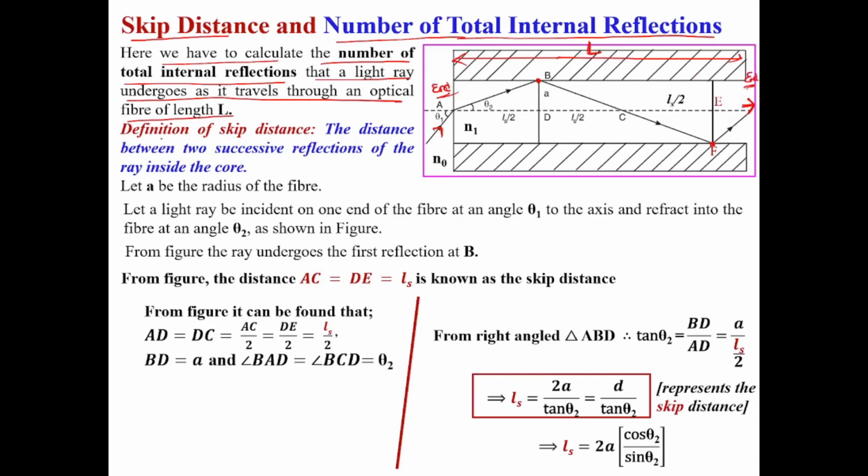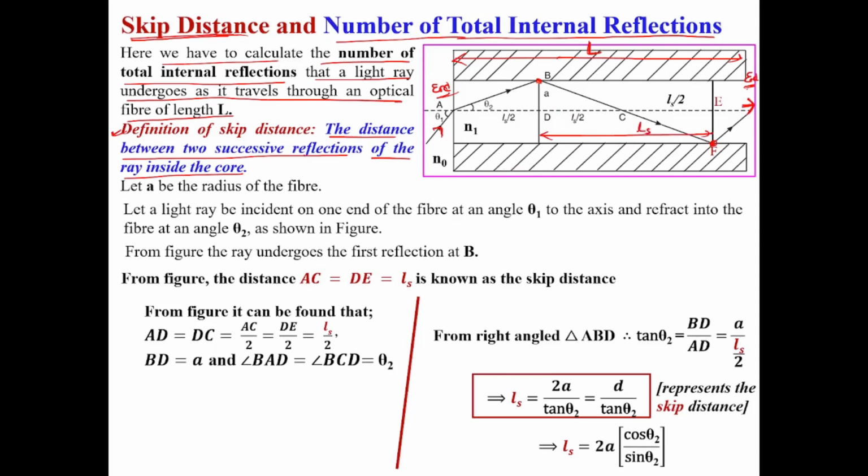For that, first we have to find out the skip distance. Here is the definition of the skip distance. Skip distance is the distance between two successive reflections of the ray inside the core. This is one internal reflection, this is another internal reflection. In between, this distance is called Ls, a small l s, S for skip distance.